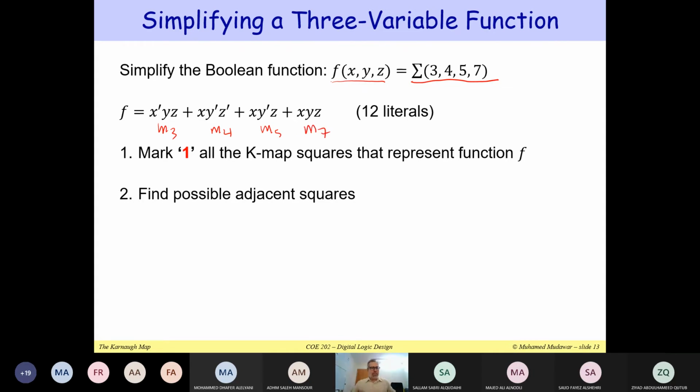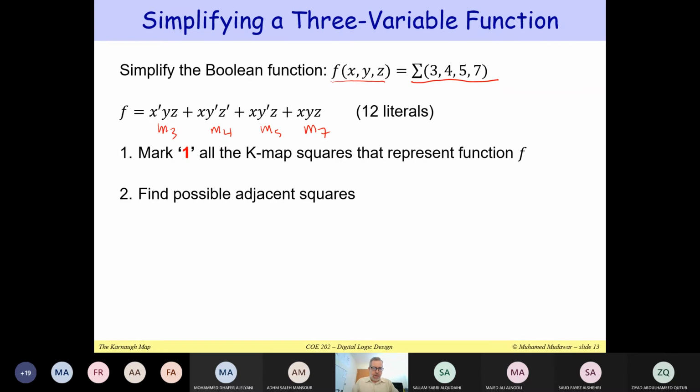If I write it as the sum of minterms, I'm going to get 12 literals. But the idea is to use the Karnaugh map to simplify this function to a minimal sum of products expression. That's really the idea of the Karnaugh map.